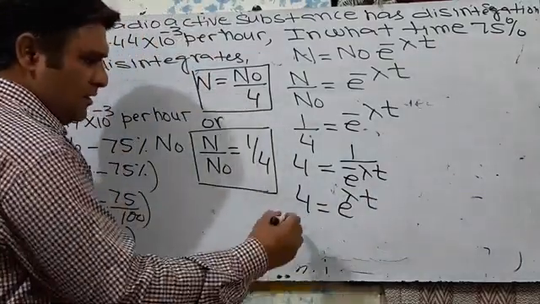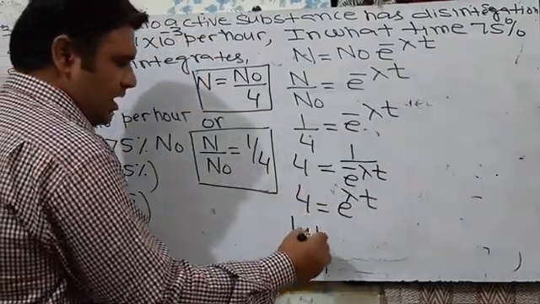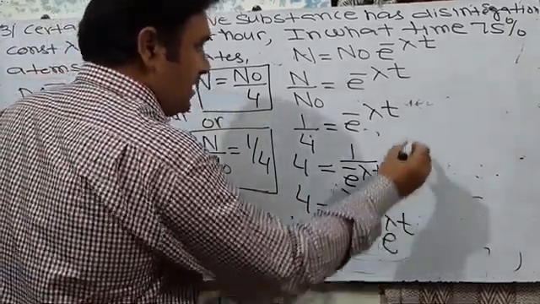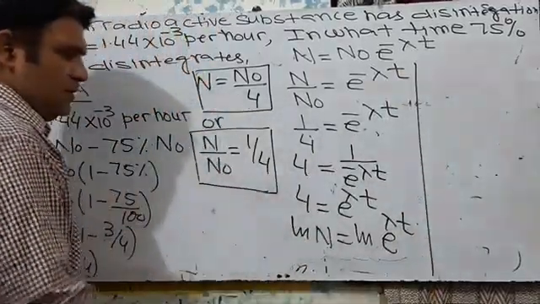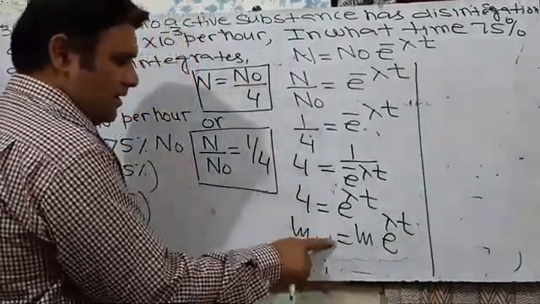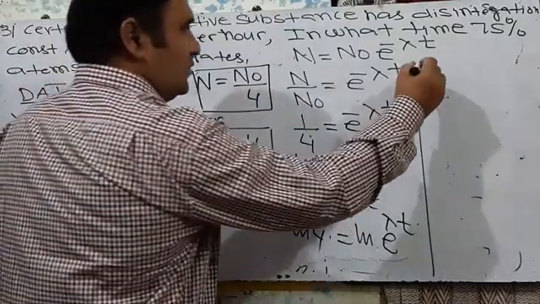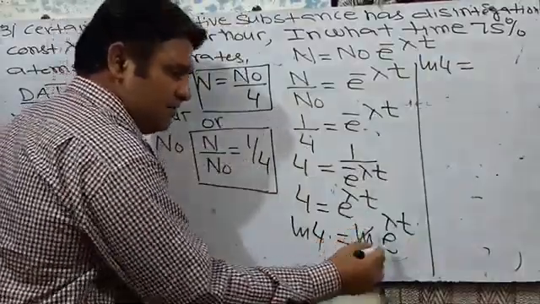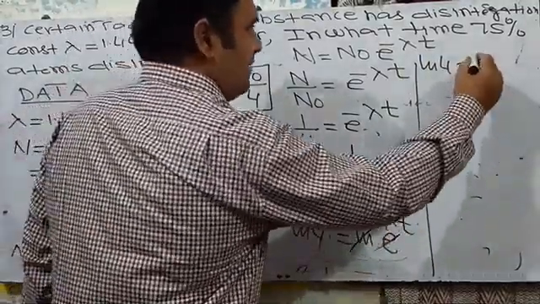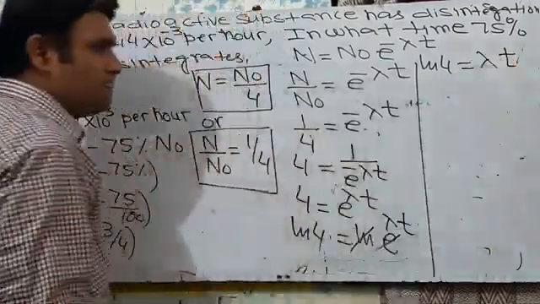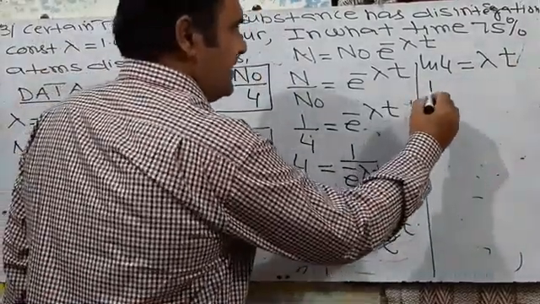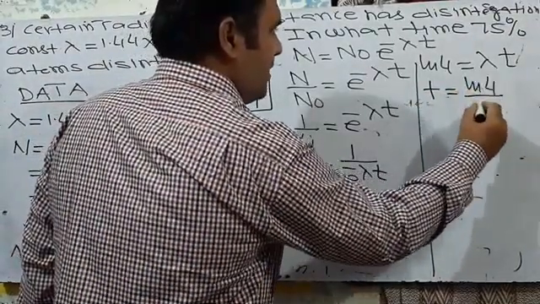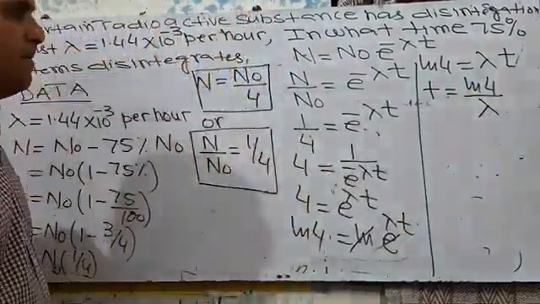We apply the log to both sides. So log 4 is equal to lambda t, since the log and exponential function cancel. Or t is equal to log 4 upon lambda.